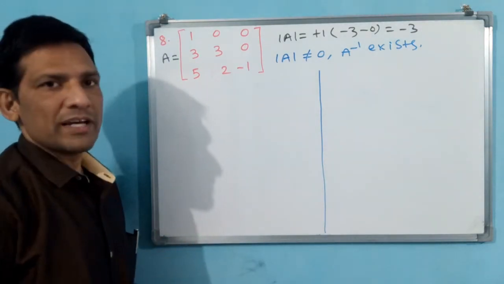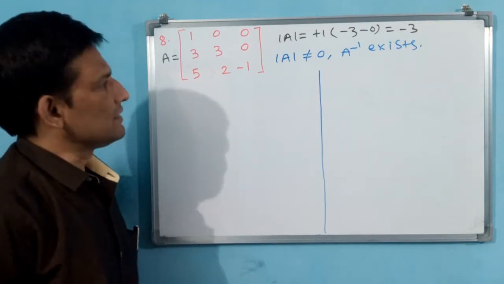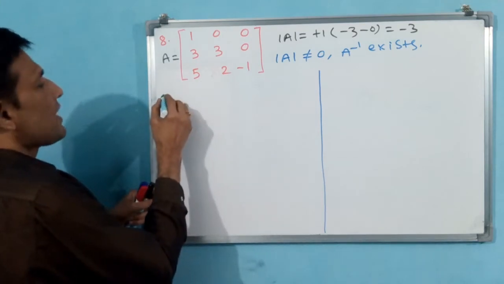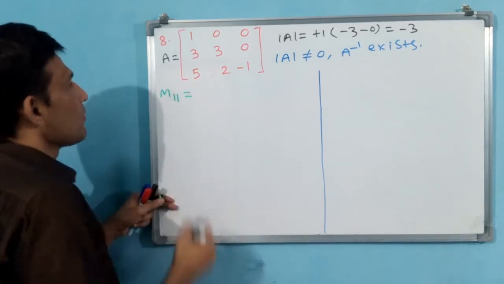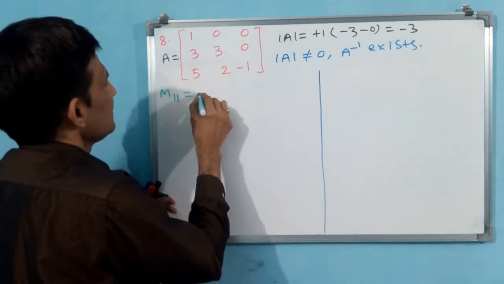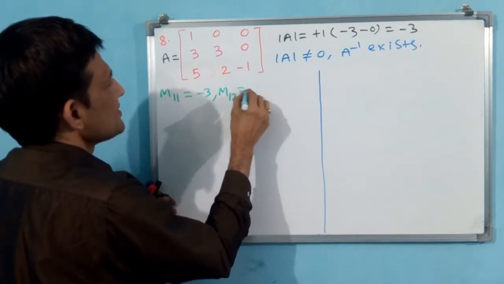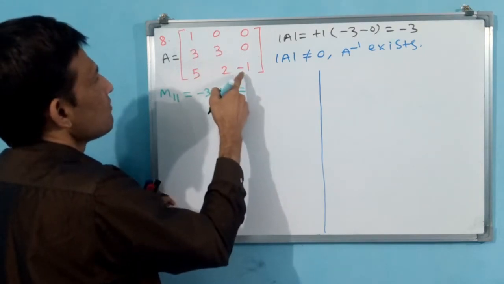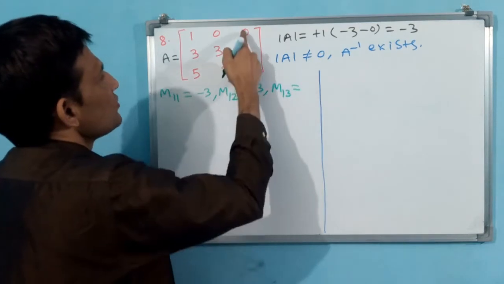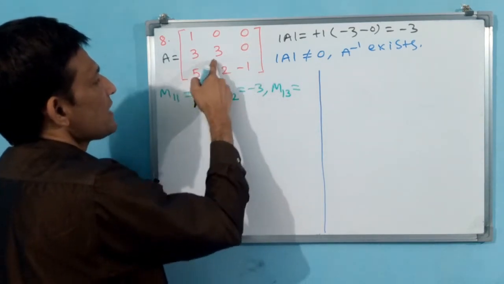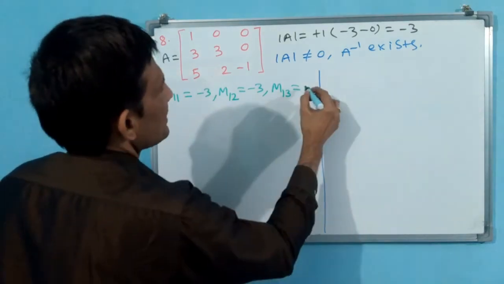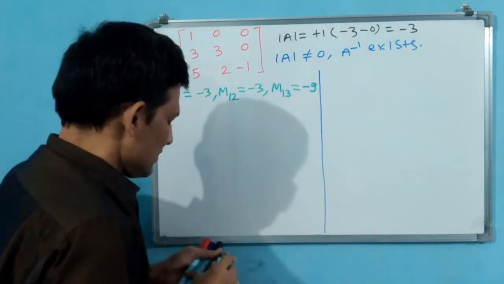Next, what is the procedure? Find all minors first. Let us find minors. M11 is equal to, closing row 1 and column 1, that means -3. M12, closing, -3, this also -3 only. M13, 6 - 15, that is -9, write down -9.